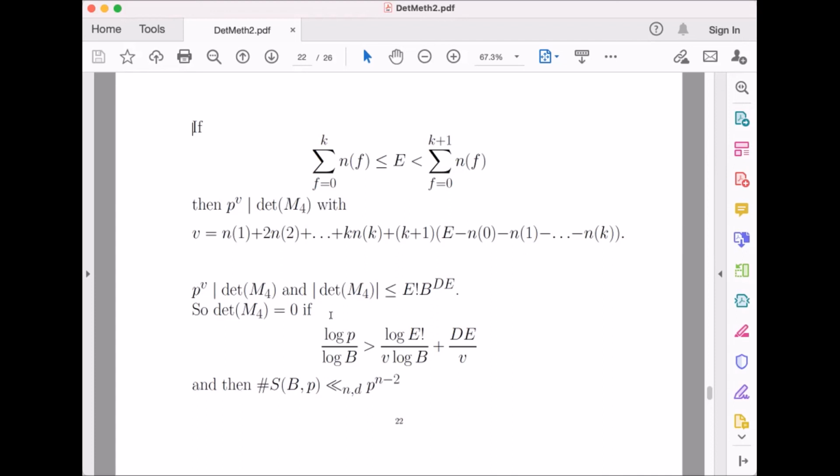And then if we work out the comparison with the power of p dividing det M4 with its Archimedean size, we find that det M4 has to be 0 if p is large enough. So we produced a large power of p dividing the determinant. That will show that det M4 has to be 0, providing p is this large.